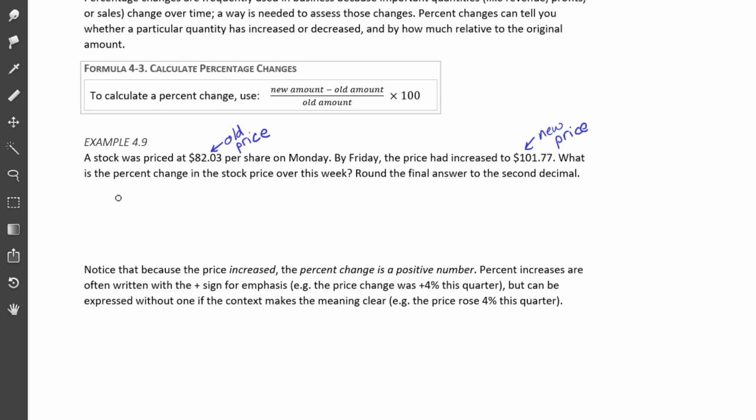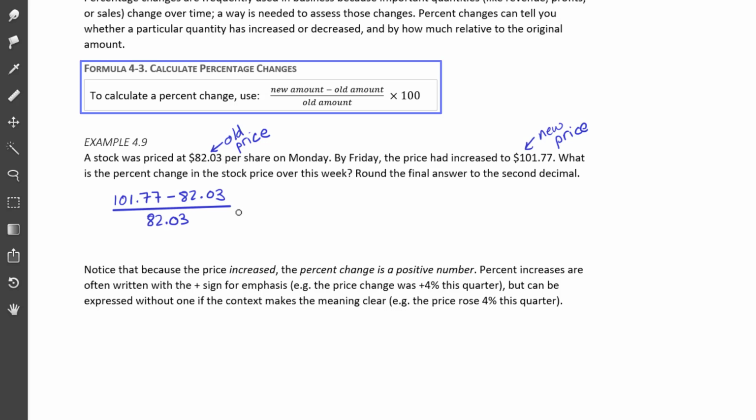To calculate that, we take the new price, 101.77, subtract the old price, 82.03, just applying formula 4-3, divided by the old price, $82.03, times 100. I didn't use any units in this calculation just because there are no units on the percent change.